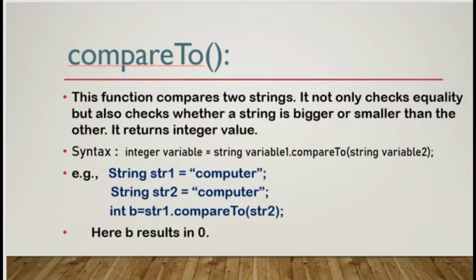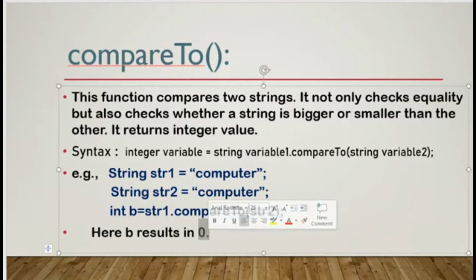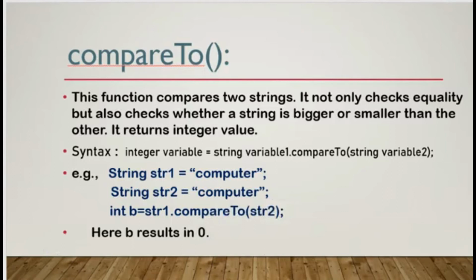If we compare each character of str1 with that of str2, on index 0 we have C, on index 1 both strings have O, on index 2 both strings have M. In this way all the characters are the same. Therefore the function compareTo returns the value 0, so the variable b holds the value 0.